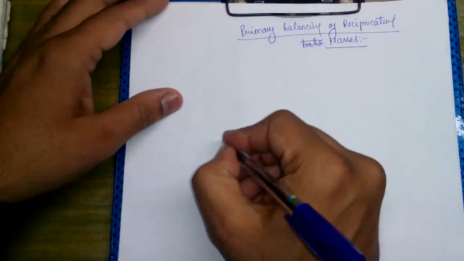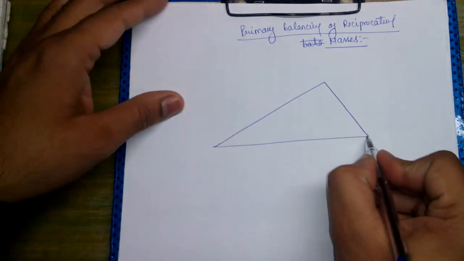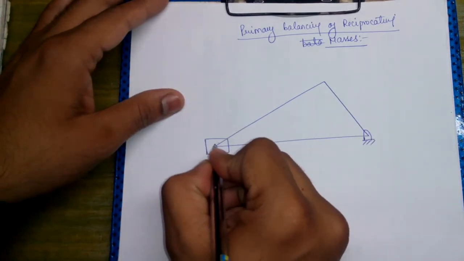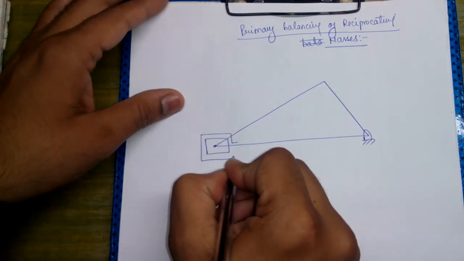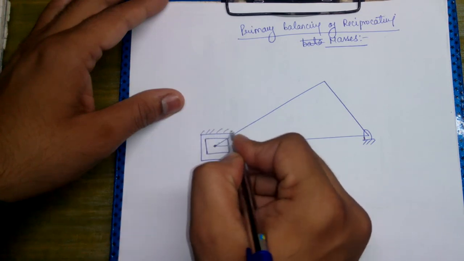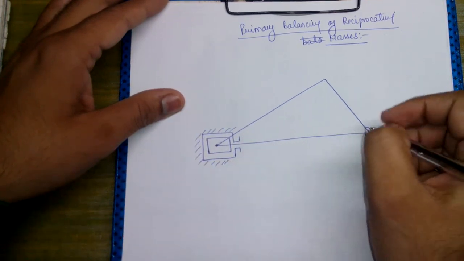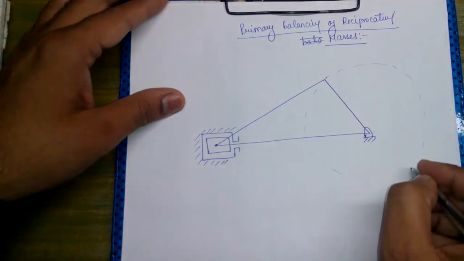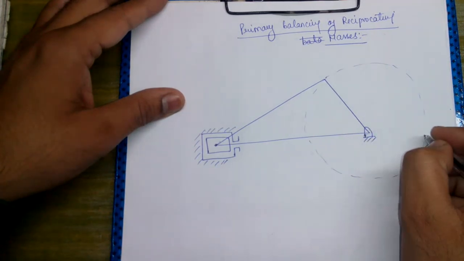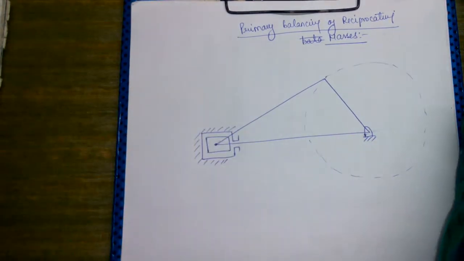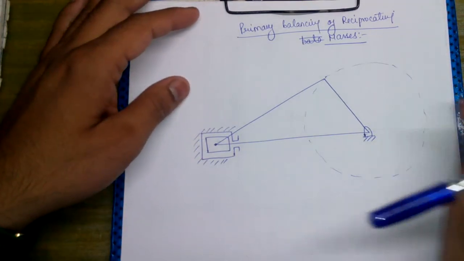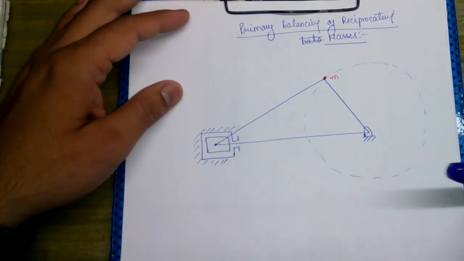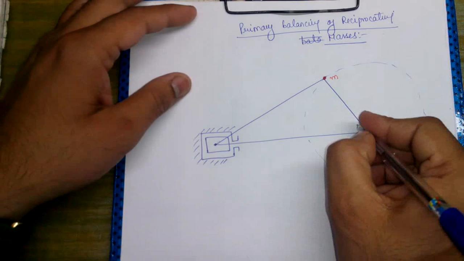Okay, so what was done was, we have this single slider crank mechanism, and this cylinder is fixed such that the crank is undergoing rotation. They assumed that all the mass is concentrated here.